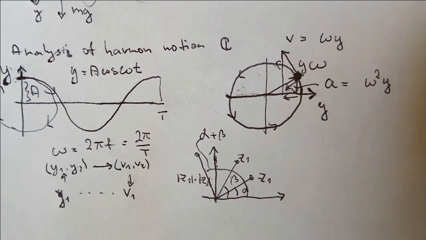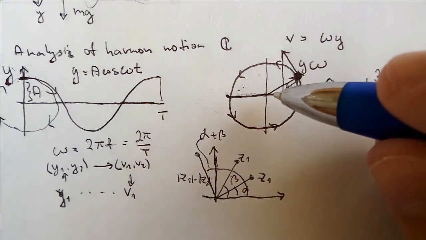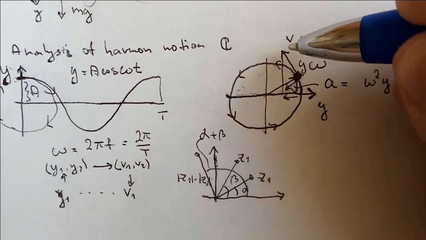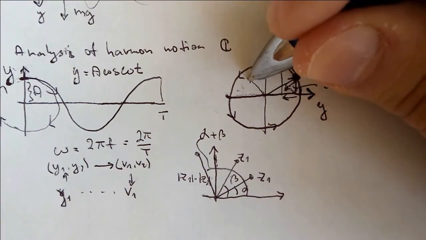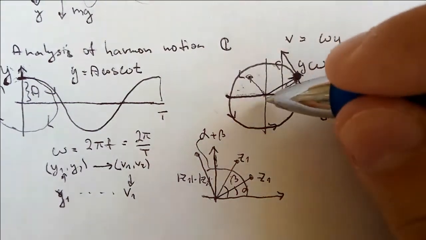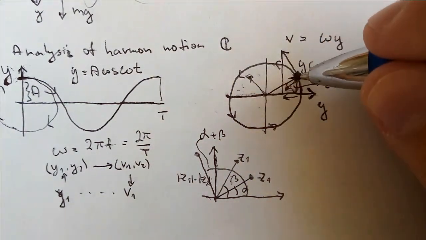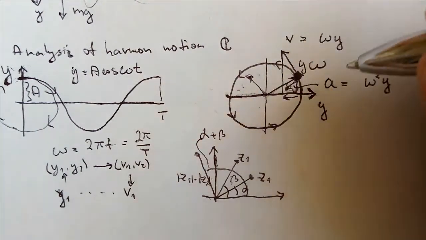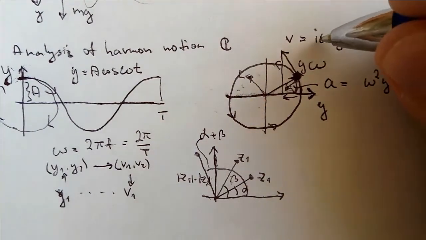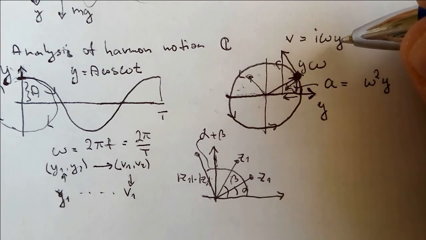This is a very important property, and this enables us to write velocity, which is perpendicular. This is a perpendicular vector, and I can write this as perpendicular to y, to the complex number y, as i times omega times y.